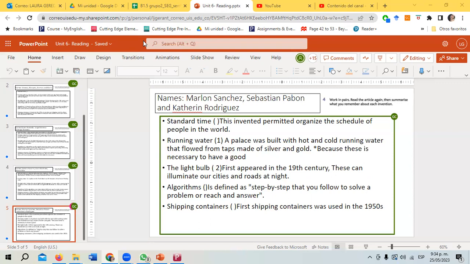This is necessary to have a personal hygiene and to have less disease.